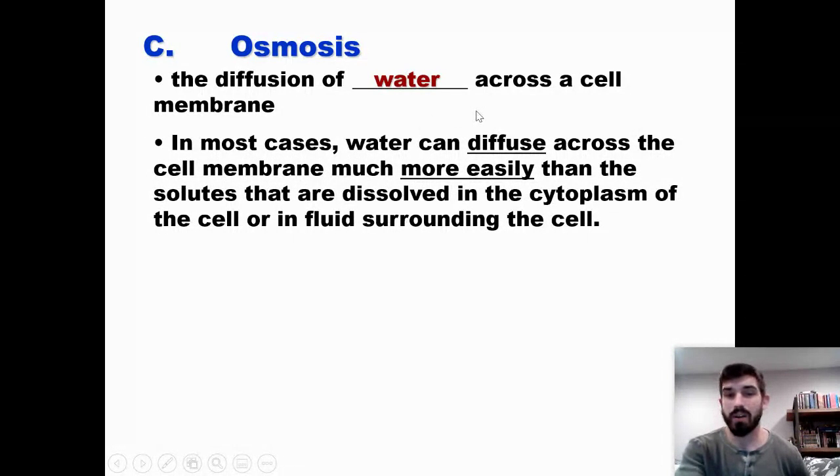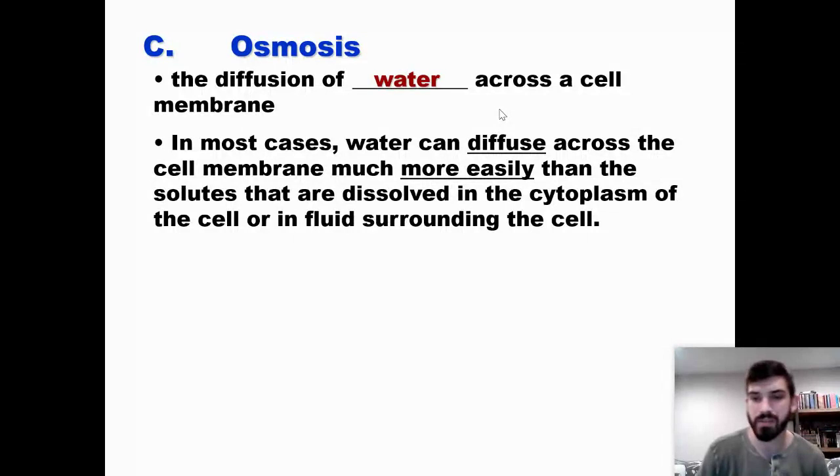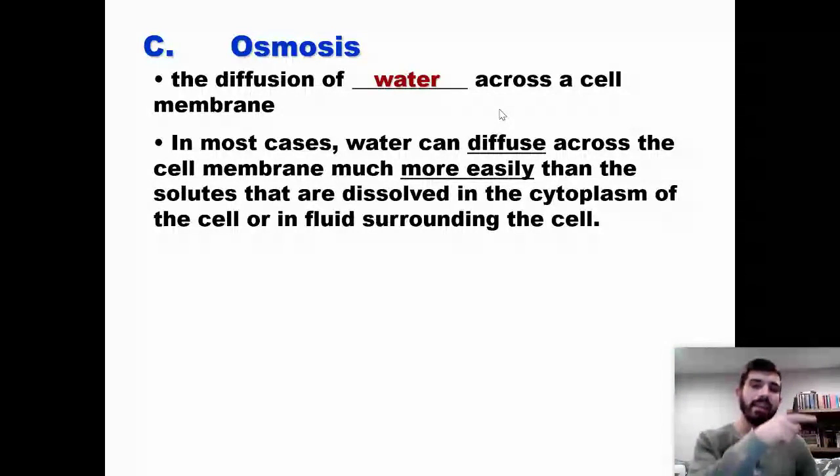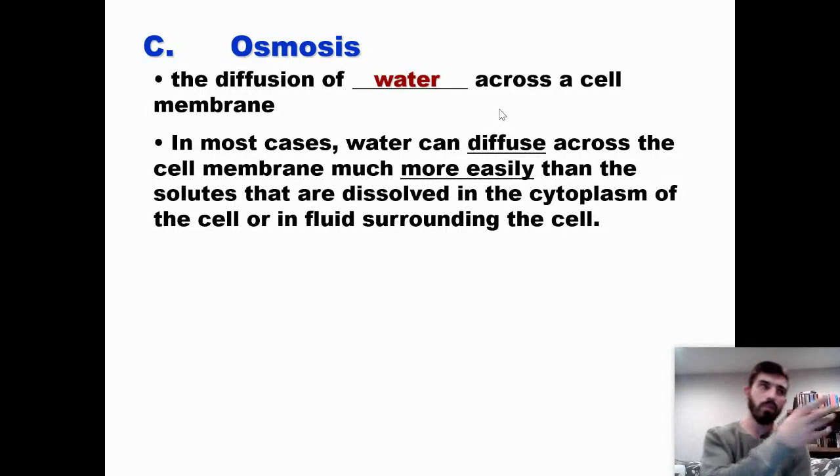In most cases, water can diffuse more easily than other substances. This is going to help the cell maintain homeostasis more easily without the use of excess energy. That is because to move other things across the membrane, the cell's going to have to use its own energy, right? So it's much easier.